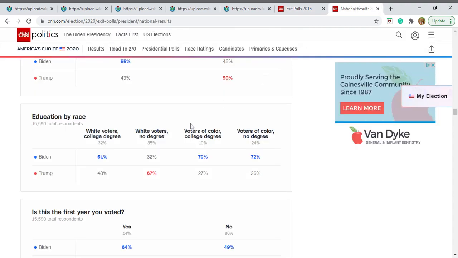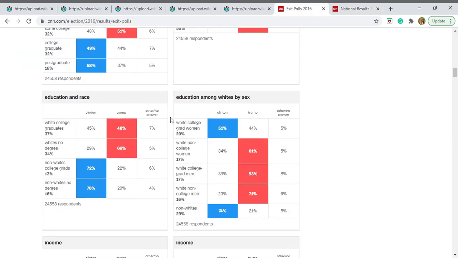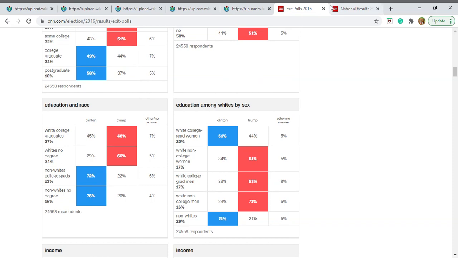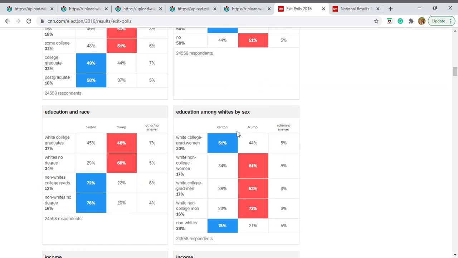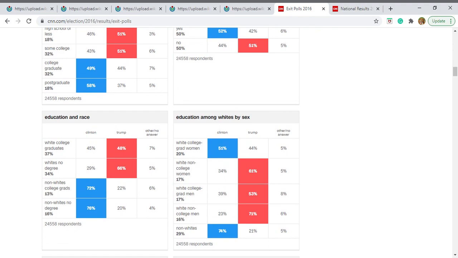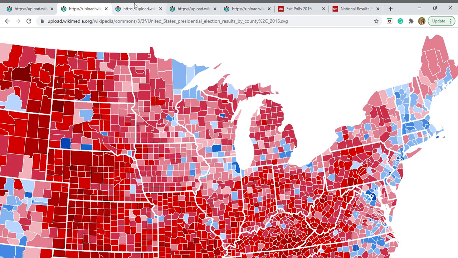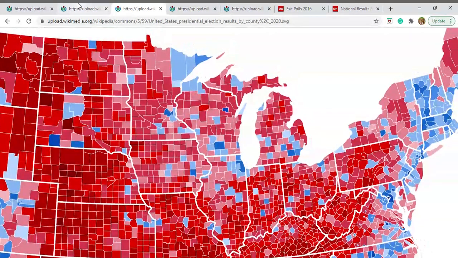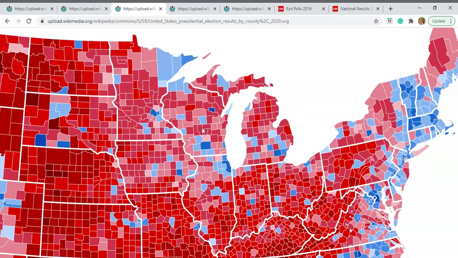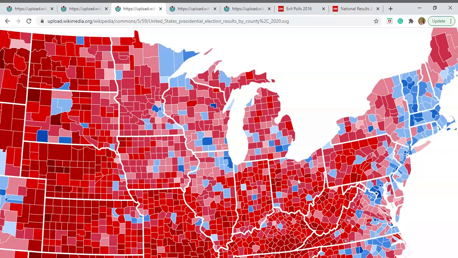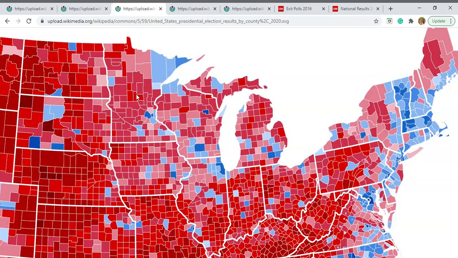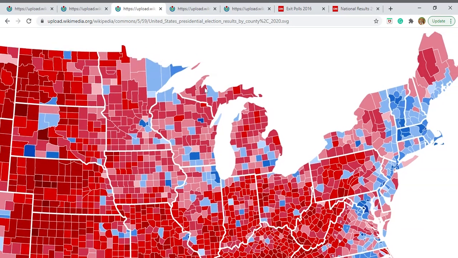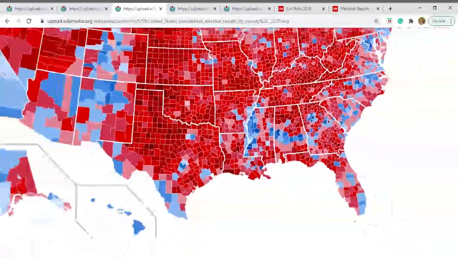So in 2020, Trump gained a point and Biden gained 3 points. So Biden did close the gap with white non-college educated voters, and that's how he got the map from this to this. And he won back Wisconsin, Michigan, and Pennsylvania, and he narrowed the margin in Ohio and Iowa, while also growing Clinton's margin in Minnesota. So next we're going to look at down in the South.